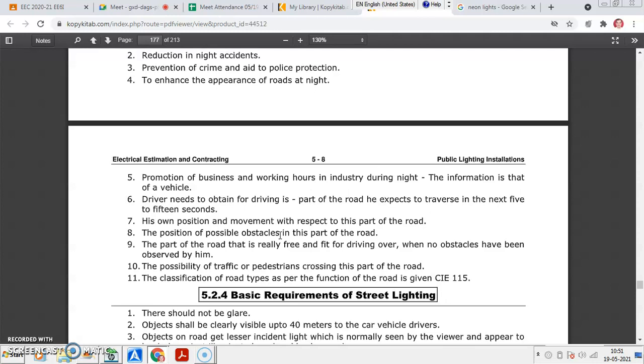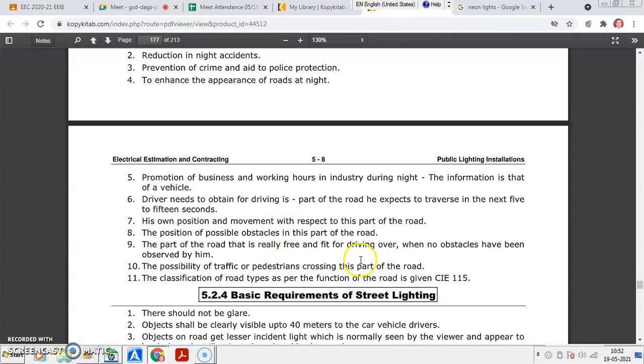Possibility of traffic or pedestrian crossing the road, that can be illuminated or highlighted. That is very important. Classification of road, and based on that you can have the different types of street light provisions that we have already seen in various figures.